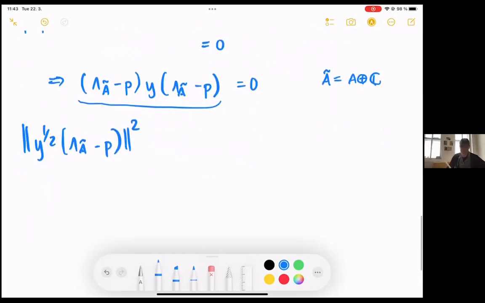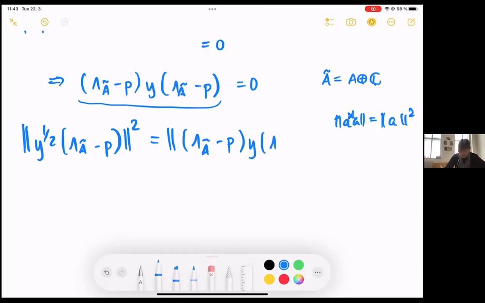Well, we can use the C-star identity, and that gives us, so remember that we have a star a is a squared. So that's all I'm doing here. And I'm using the fact that, for example, 1 minus P is positive, as is Y, by assumption at the moment.